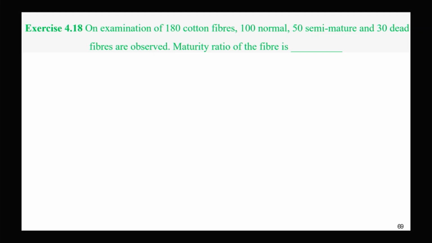Now let's try a few numericals. The first one: on examining 180 cotton fibers, 100 fibers were normal fiber, 50 semi-mature fiber and 30 dead fibers. Find the maturity ratio. We will not consider the semi-mature fiber, only normal fiber and dead fiber.